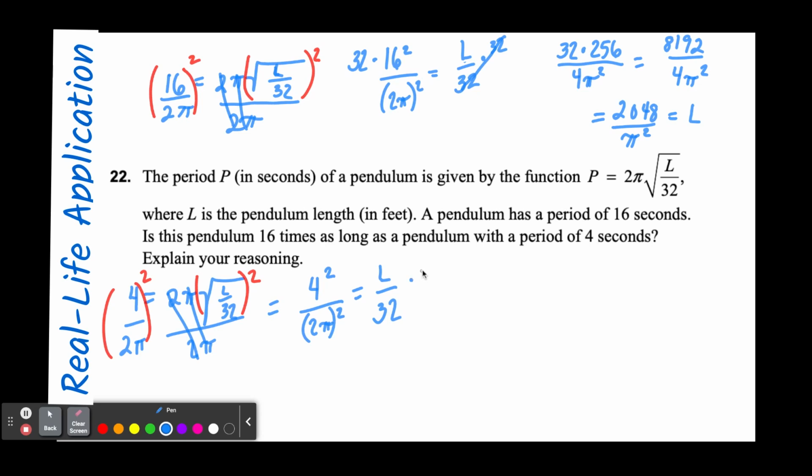Then I'm going to multiply both sides by 32 to get L all by itself. So 32 times 16 all divided by 4 pi squared, and again we can simplify. If I divide by 4, I'll get 128 all divided by pi squared, and that's equal to L.